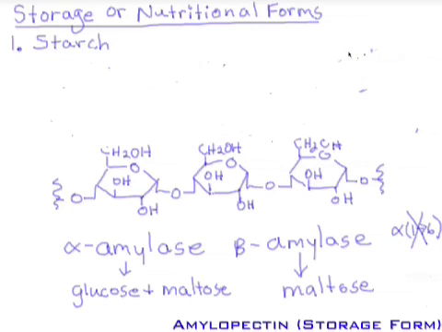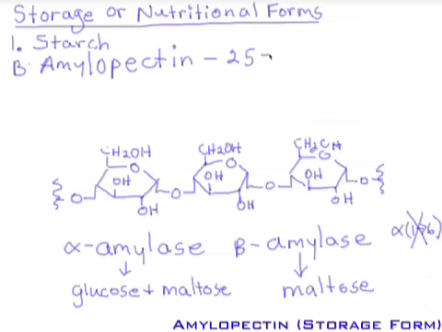We never have. But amylopectin differs from amylose only in the fact that every 25 to 30 residues, you get a branch occurring through an alpha 1,6 linkage.